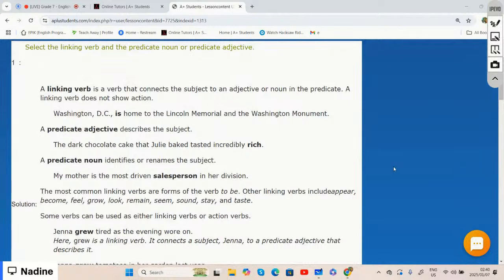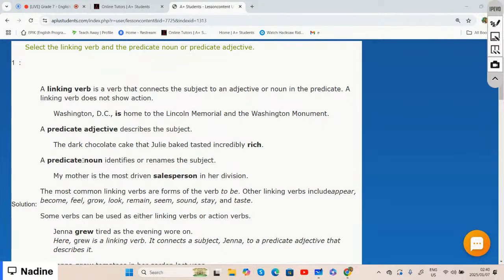So that is linking verbs. Remember, a linking verb connects a subject to the adjective or the noun. A predicate adjective describes the subject.